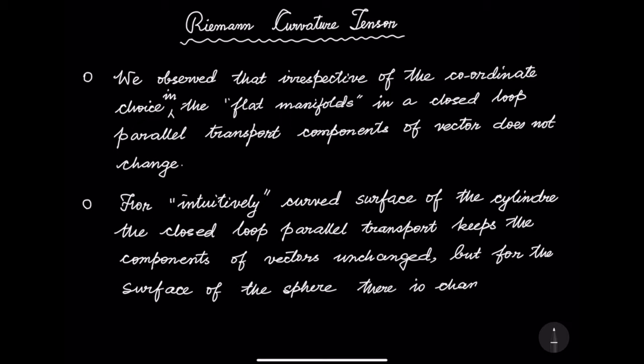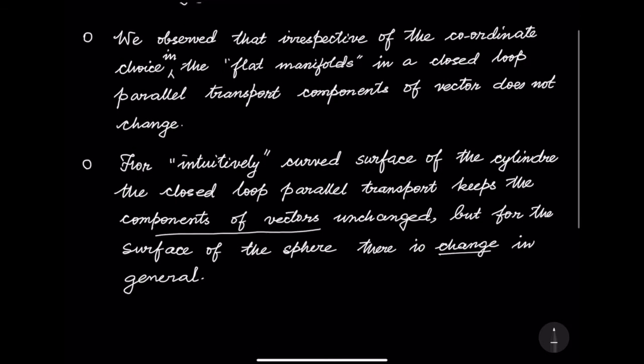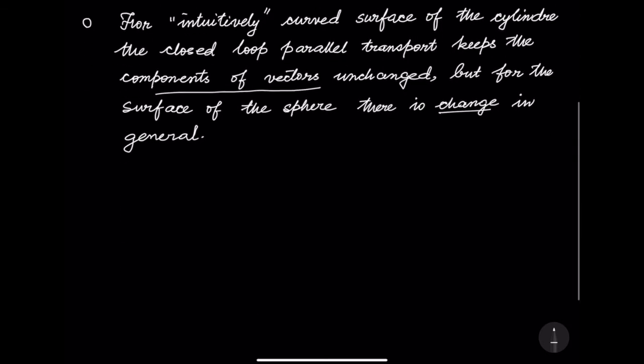And when I say change, this is the change of components of the vectors in a closed loop parallel transport. So though the surface of the cylinder and the surface of the sphere both are intuitively curved, we get completely different results there.